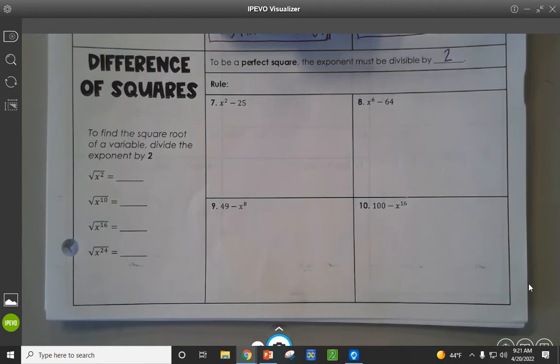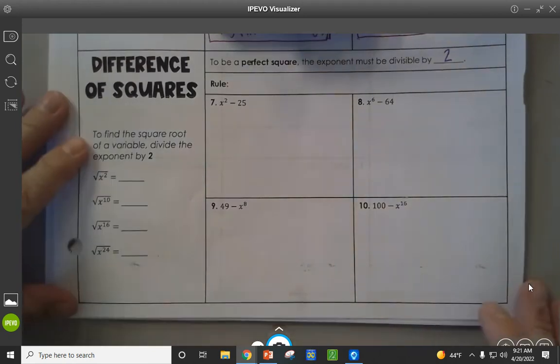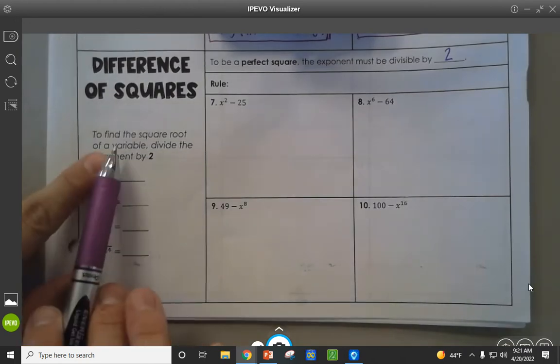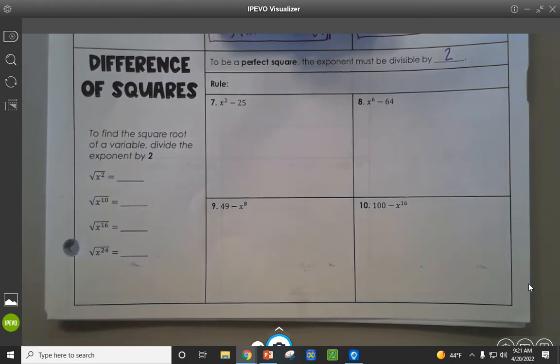So your exponent does not need to be a 4, a 9, a 16, 25. It needs to be an even number.